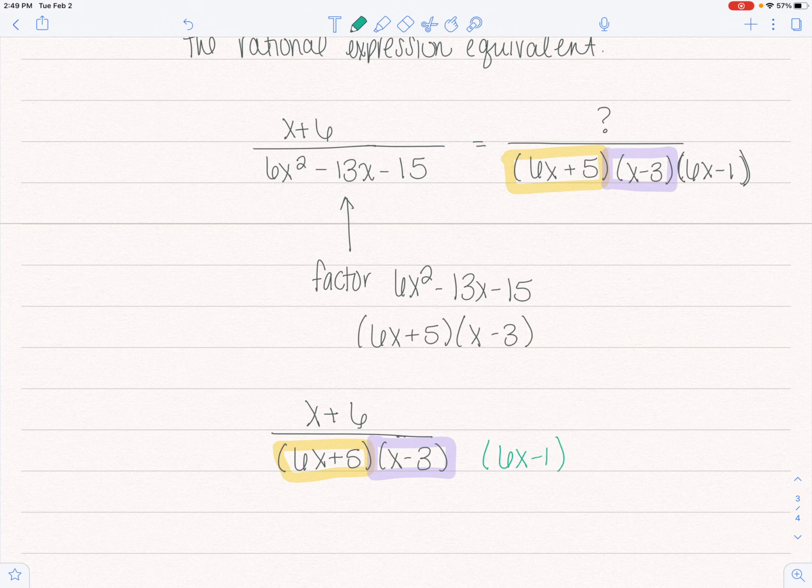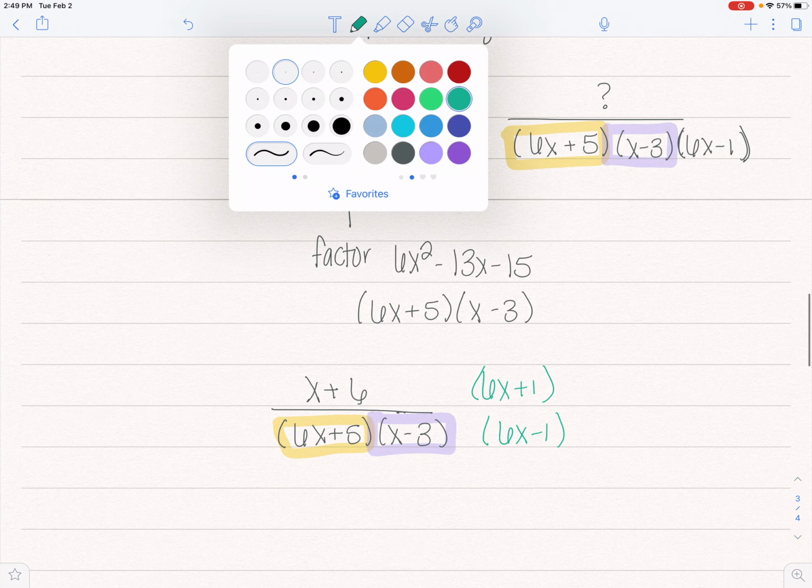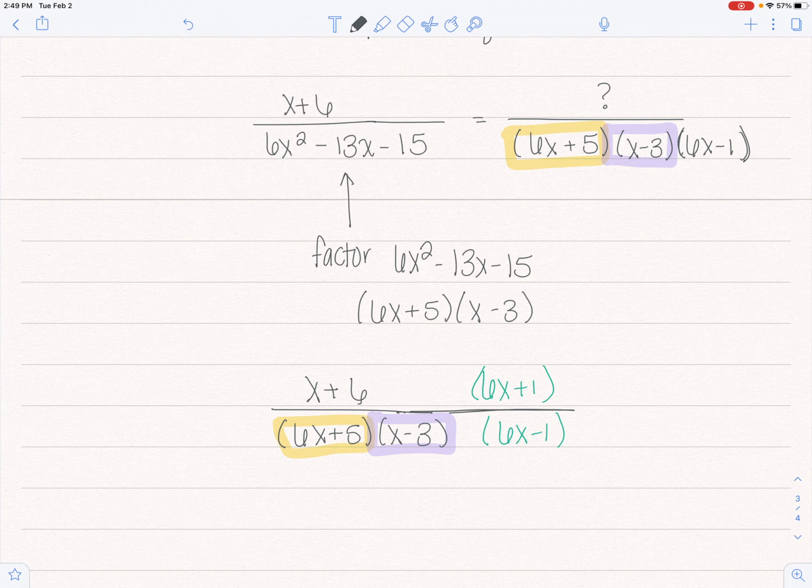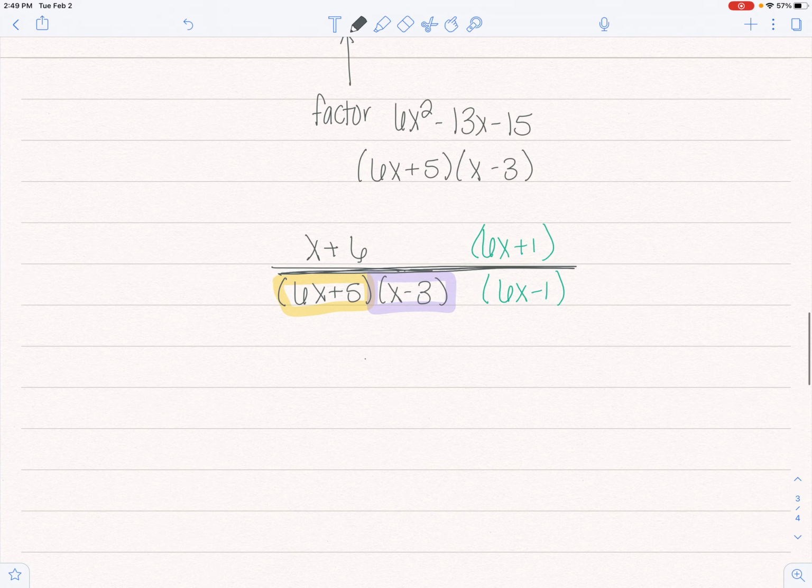Now I can just multiply in 6x minus 1, but if I multiply on the bottom, I have to also multiply on the top. So my new fraction, to make it equivalent, is going to have x plus 6 and 6x minus 1 in the numerator.